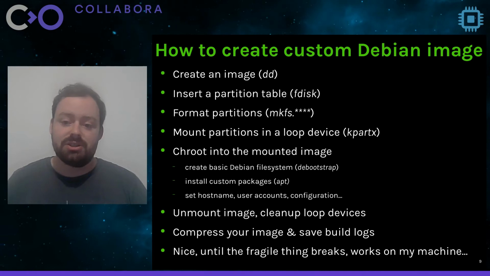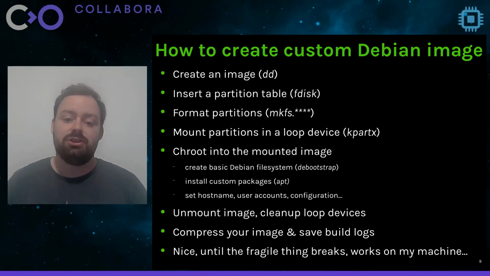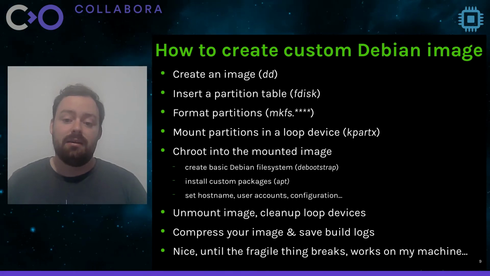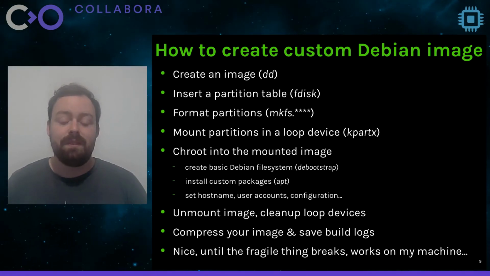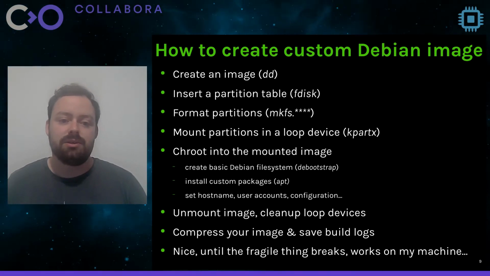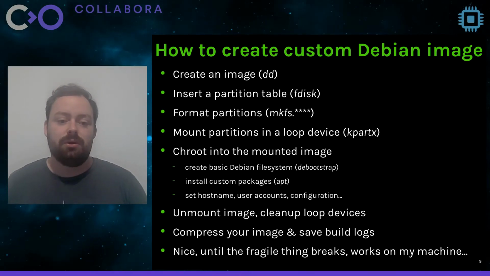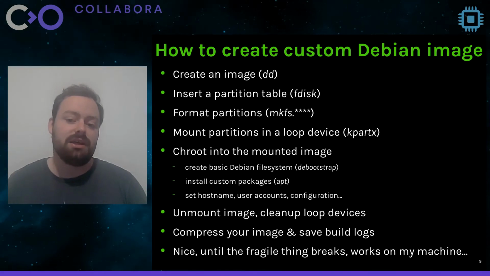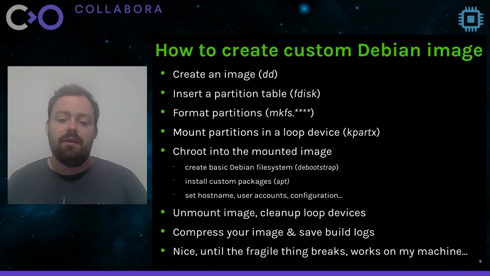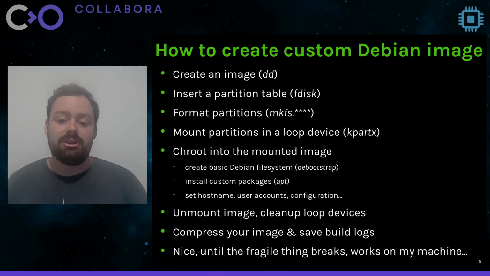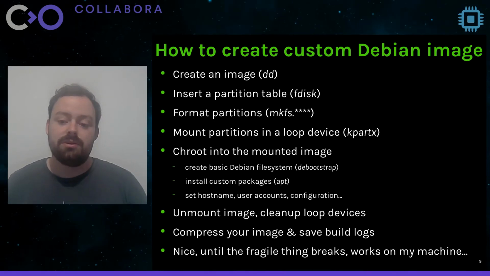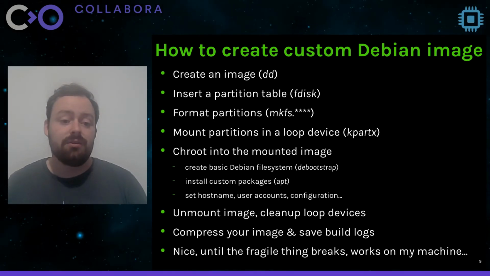You'd mount the partitions on a loop device, and then you can chroot into the mounted image and debootstrap a basic Debian file system, install packages using apt, and then work on it as if it was a normal system on your hard drive by setting the host name, setting up user accounts, and configuration files. And then at the end of all of that, you want to unmount the image, clean up the loop devices, compress your image, save the build logs, and then hopefully you've got a nice image.